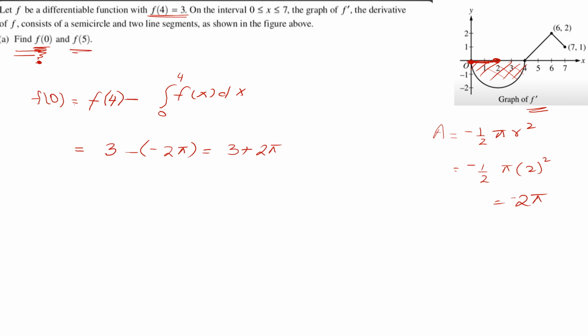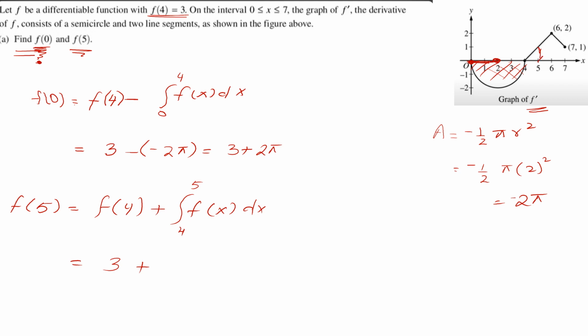Now calculate f of 5. In order to calculate f of 5, again I will use f of 4. Now 5 is bigger than 4, so I will use plus, and the area will be from 4 till 5 of f prime of x dx. Now f of 4 is already given to me, that is 3. What is the figure between 4 till 5?